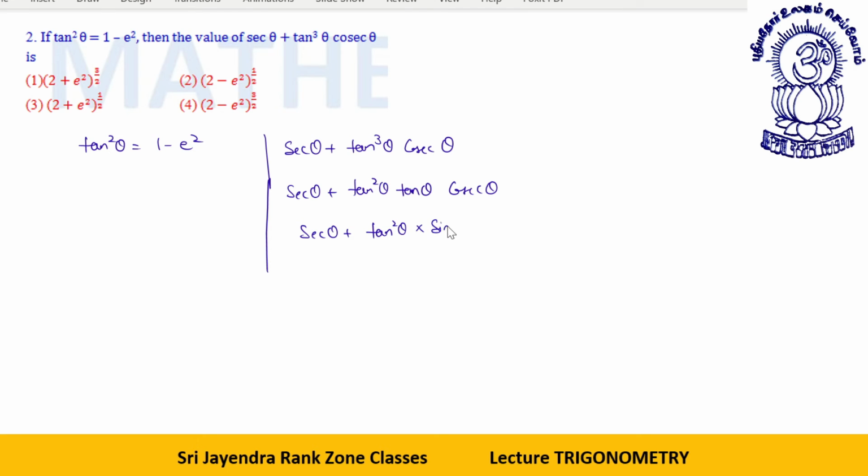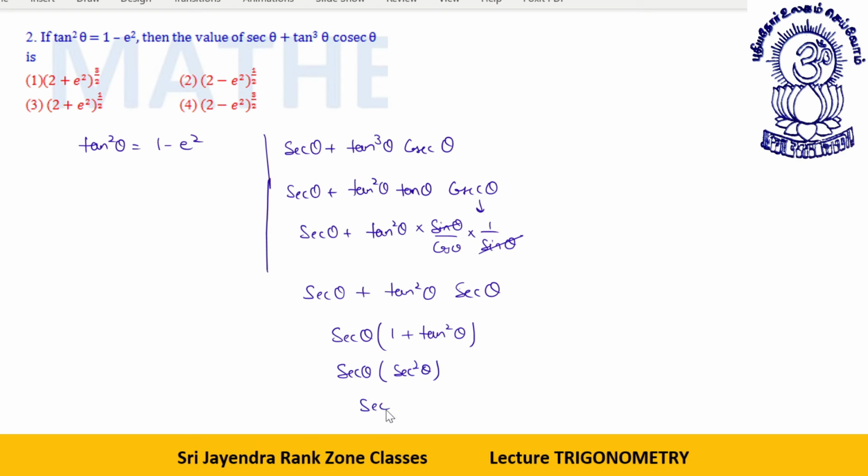Tan theta is sin theta by cos theta, cosec theta is 1 by sine theta, and sine theta cancels. So this becomes secant theta plus tan square theta, and this cos theta goes up and becomes sec theta. If I take sec theta common, I get 1 plus tan square theta, which is sec square theta. This becomes secant cube theta.